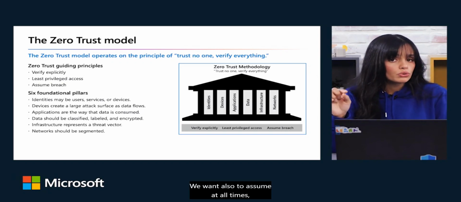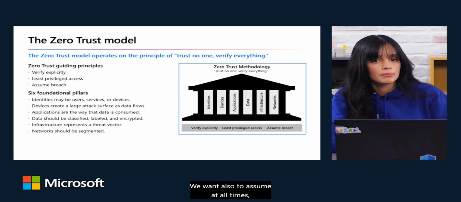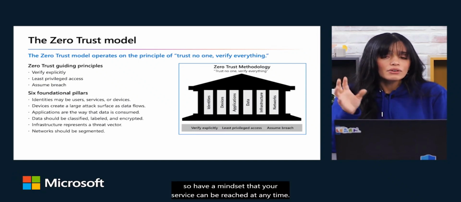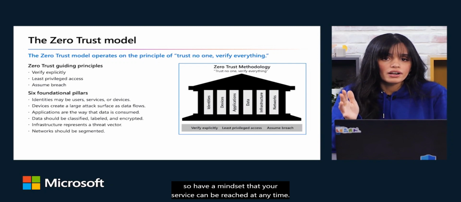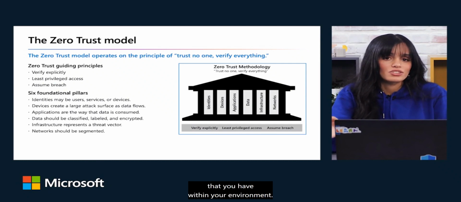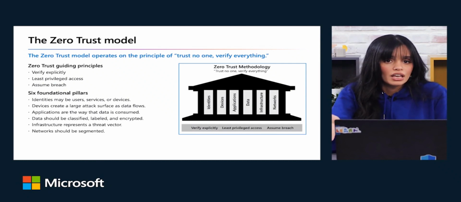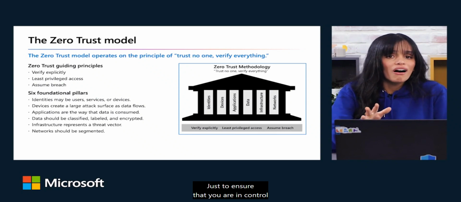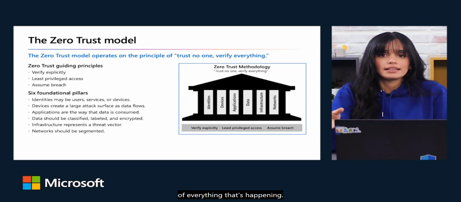We also want to assume breach at all times. So have a mindset that your service can be breached at any time. For that reason, always analyze data and network traffic that you have within your environment, just to ensure that you are in control of everything that's happening.